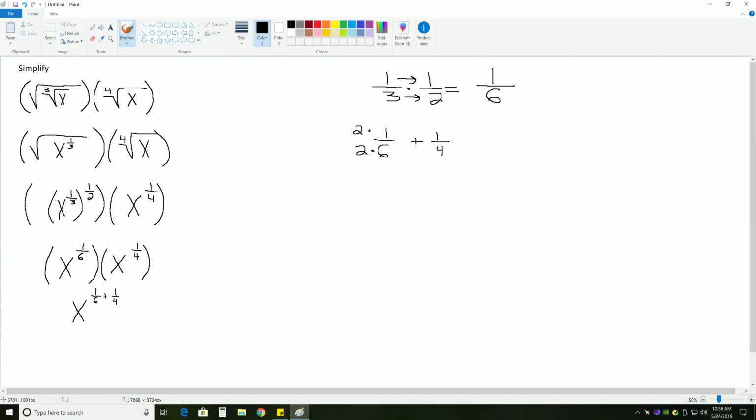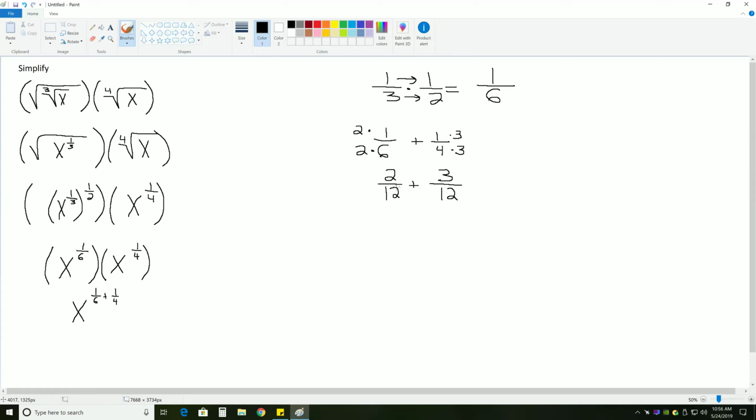This way we don't change our fraction. We're going to do the same thing over here. This 1/4, we have to multiply it by 3 to make this 4 become a 12. But because we're multiplying the bottom by 3, we're also going to multiply the top by 3. And when we do this, we get 2 times 1 is 2, over 2 times 6 is 12, plus 1 times 3 is 3, over 4 times 3 is 12.